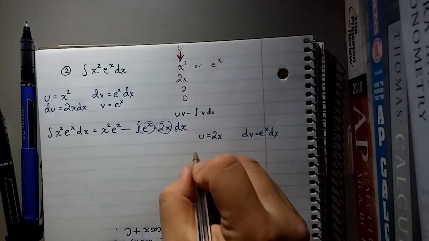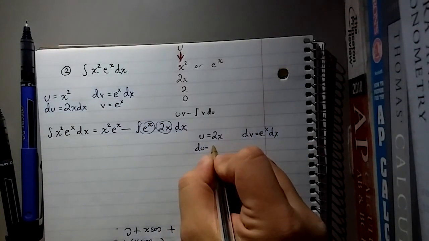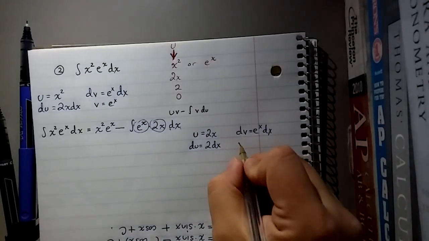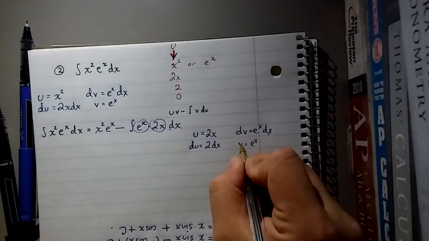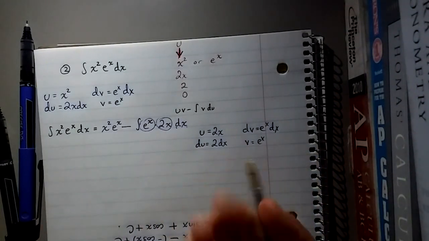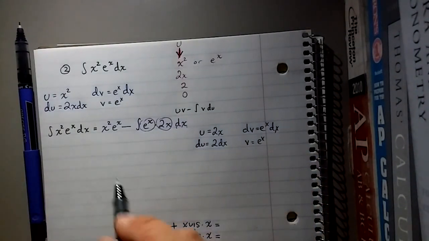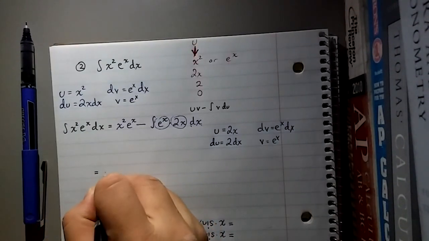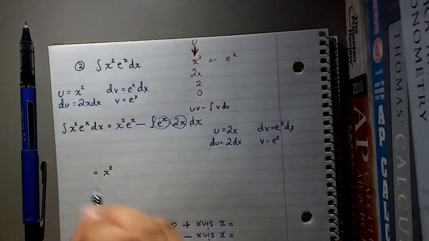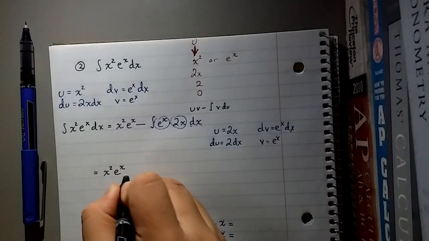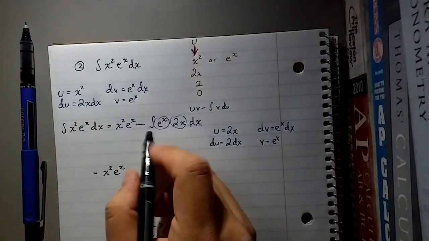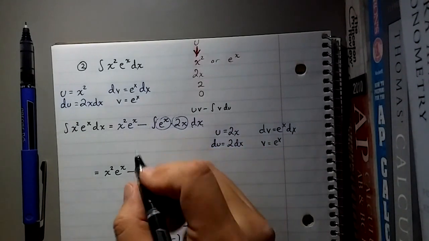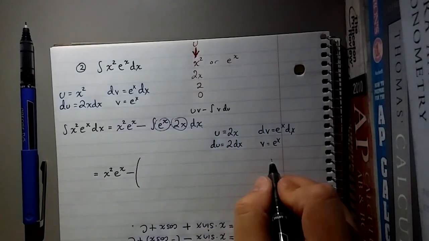Like that. So my du is 2 dx. My v is e to the x. And I do it again. It looks annoying, but yeah, I have nothing good to say about that. It is annoying. Minus, now, because I'm subtracting a completely new integration by parts, I'm going to just put this in giant parentheses.